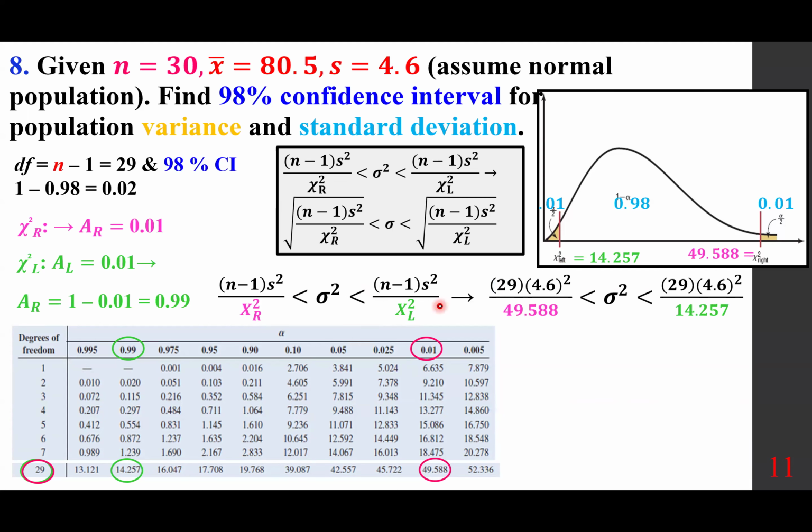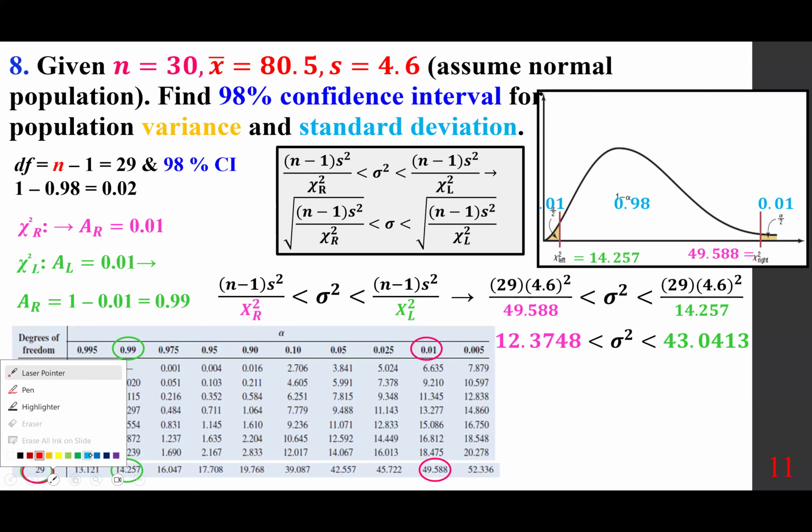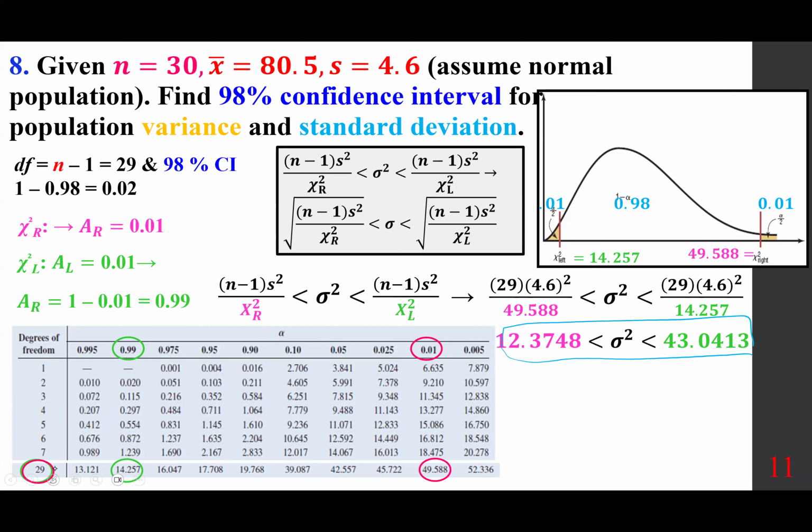I put that into a calculator. Sigma squared is between the two. So if they are asking for the variance, here's the confidence interval for the variance. And we're done with that.